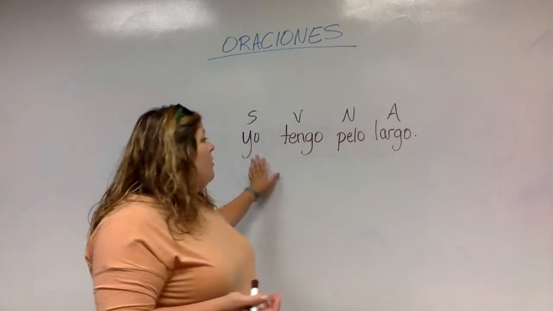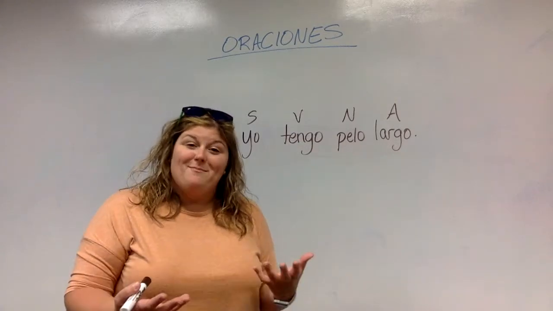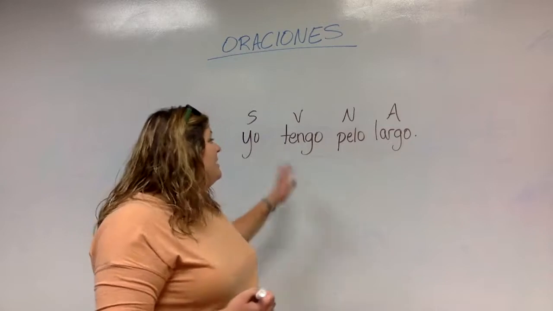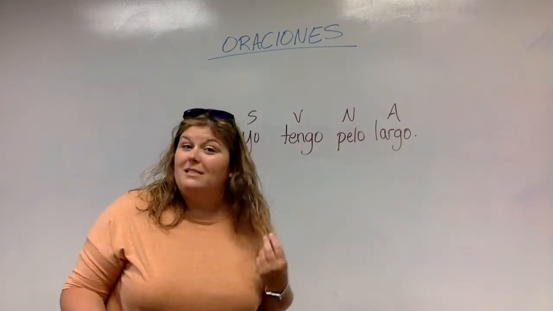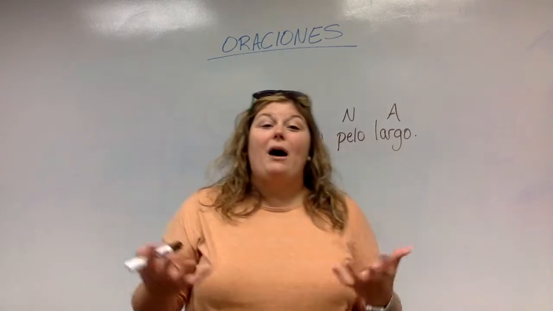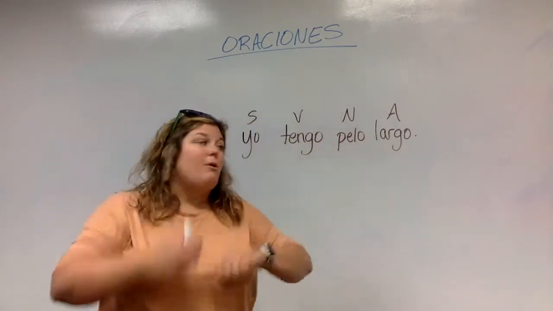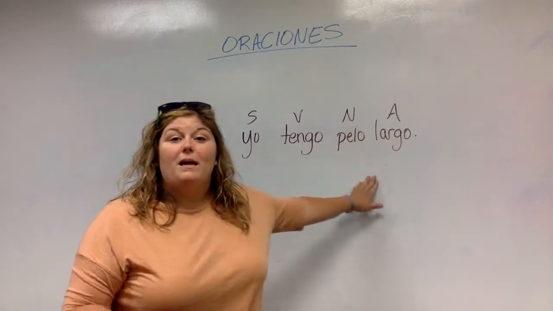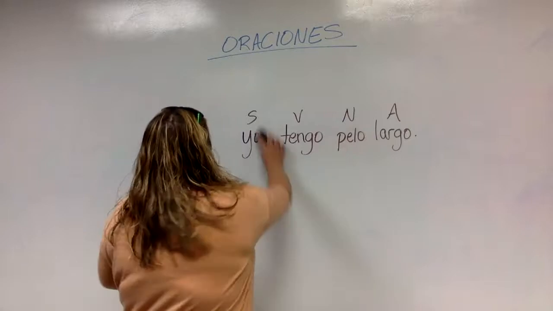See? So a slightly more complex sentence than just your subject and verb is adding a noun in there. Yo tengo pelo, I have hair. But let's say I want to tell you how long my hair is. I'm describing it. I need to add in an adjective. Just throw it after the noun. Yo tengo pelo largo. See? Bien. All right.